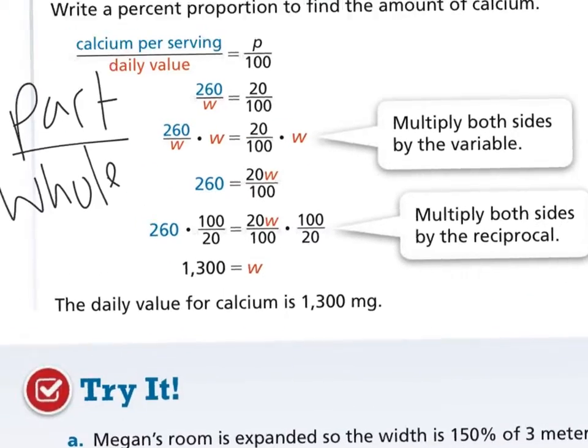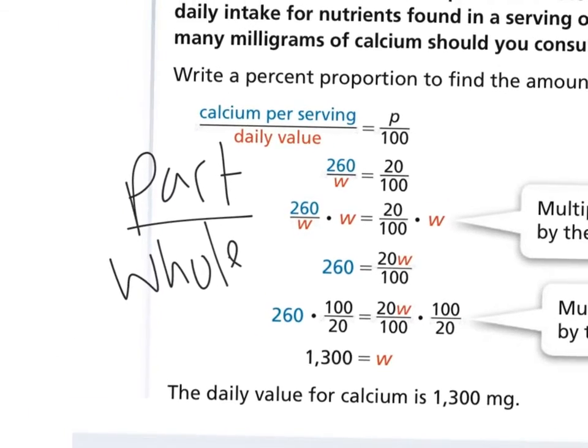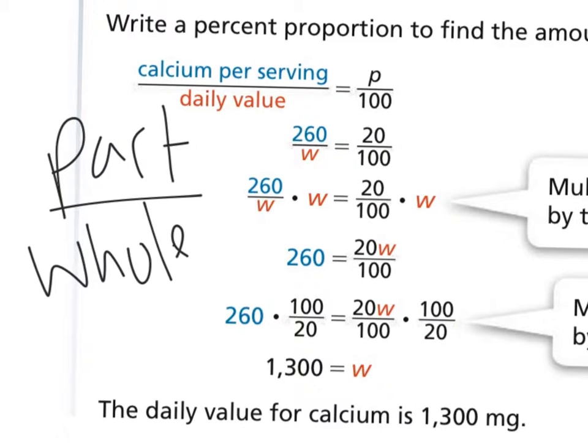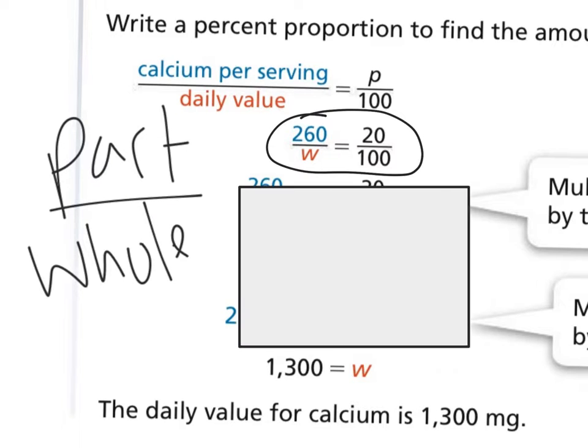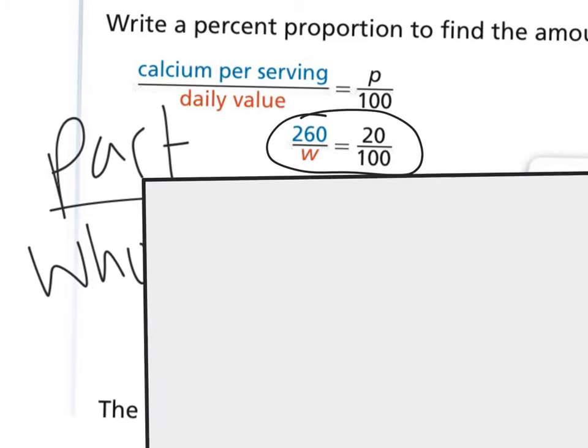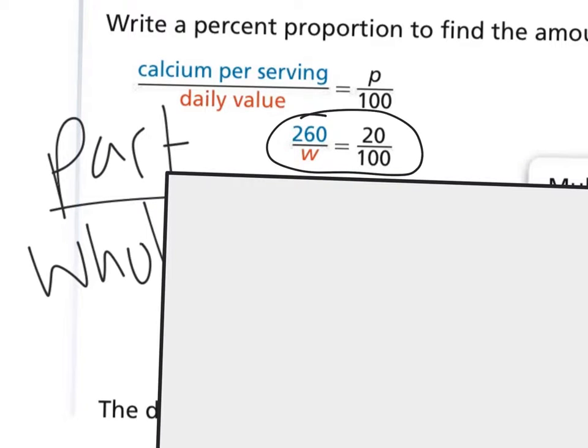So one way we can do this, again, if you take the part over the whole, 260 is the part, the whole we don't know. 20% we know is 20 over 100. From that point, I don't really care for how the book did this. It's not a good practice for you to multiply by a variable.